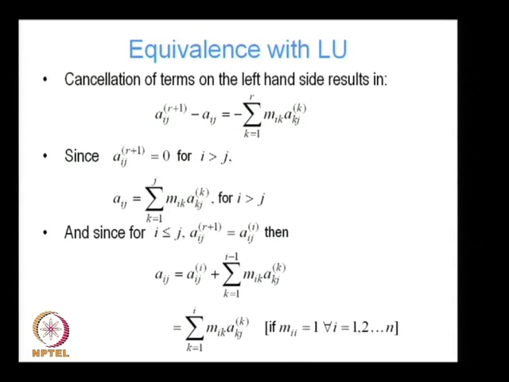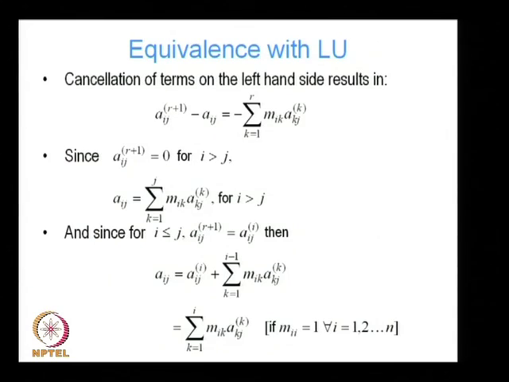Since a_ij^(r+1) is equal to 0 for i greater than j, recall that all the terms which are below the principal diagonal are going to become 0 at the end of Gaussian elimination. So, for r+1, a_ij^(r+1) is going to be 0 for i greater than j.